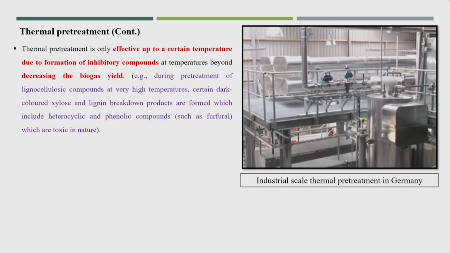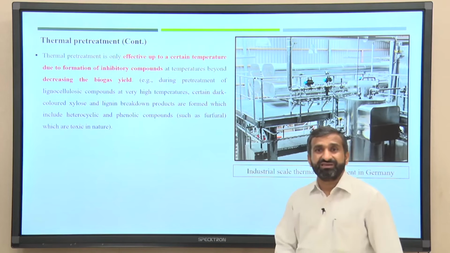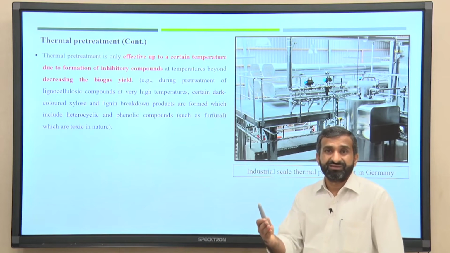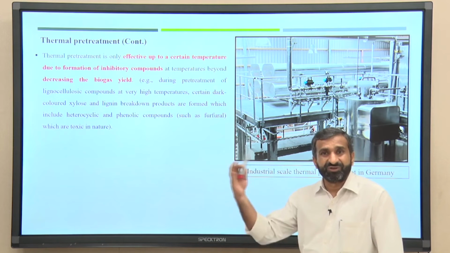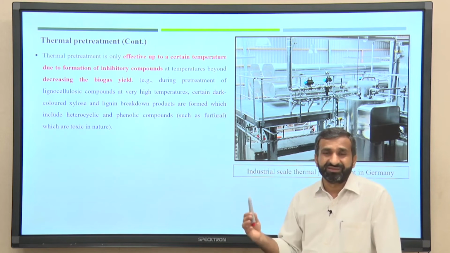Thermal pretreatment is only effective up to a certain temperature, due to the formation of inhibitory compounds at temperatures beyond that, decreasing the biomass yield. What is important here is that it is not the case that more temperature gives more degradation and therefore more biogas yield.